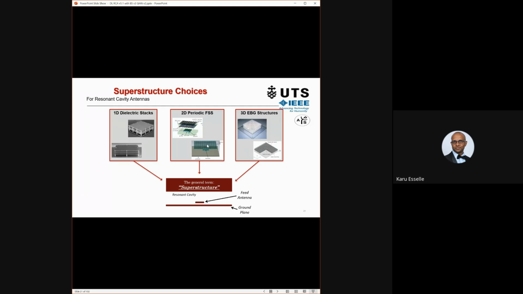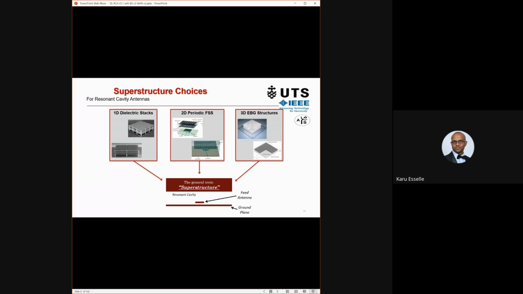So it could be a dielectric slab with printed metal patterns on one side or on both sides, and that's quite easy to fabricate using printed circuit board technology, a 2D periodic PCB.